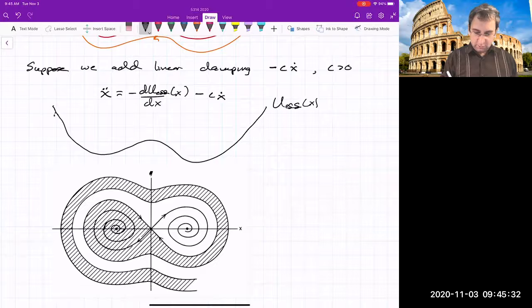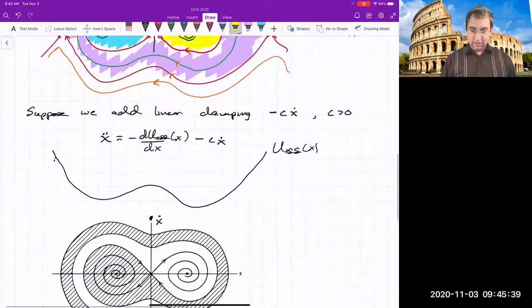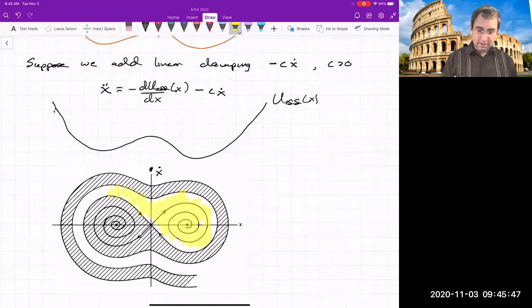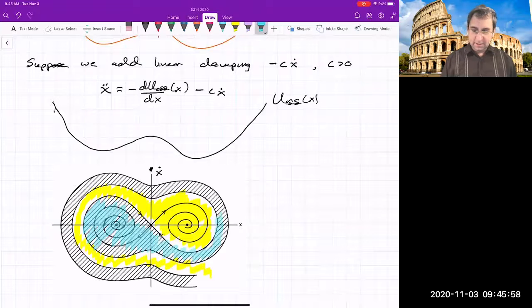And this is calling this Y, but this is just X dot. This is X. So using the same colors as up above, now in yellow, we've got everything that will end up in the right hand equilibrium point. And in blue, everything that will end up at the left hand equilibrium point.